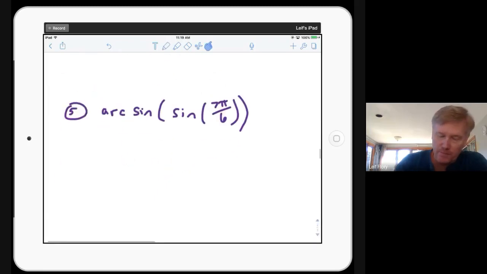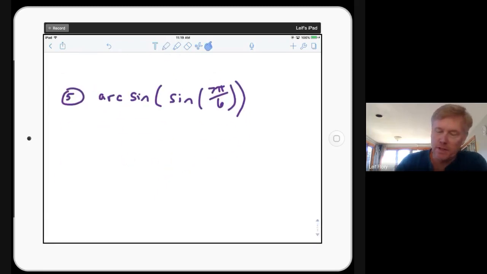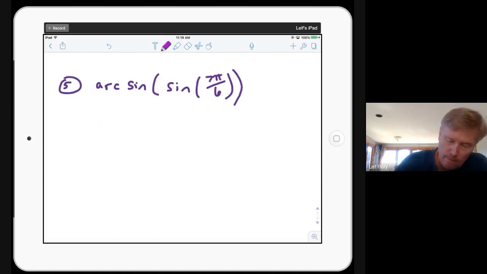But the next one, see how this one's got the arc sine? This one's not necessarily the same. What actually happens is often it has to do with whether it's positive, negative, and the reference angle. So with this one, I'd like to know what that reference angle is, okay?